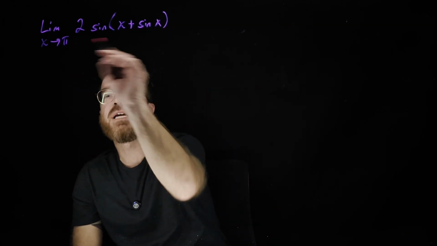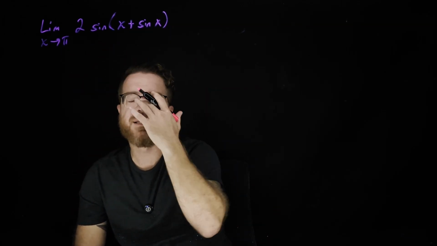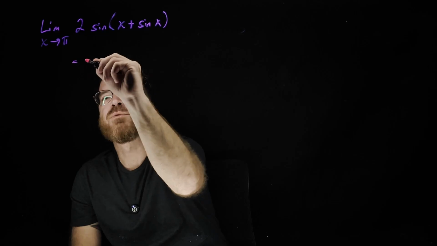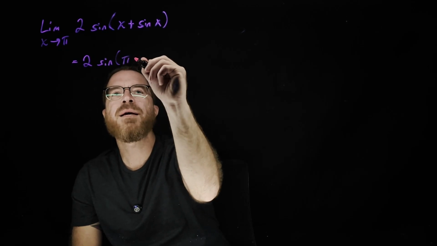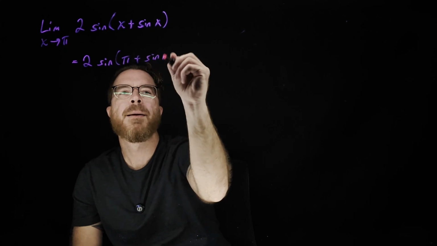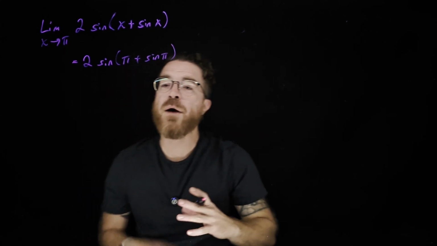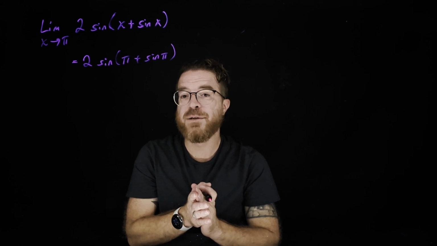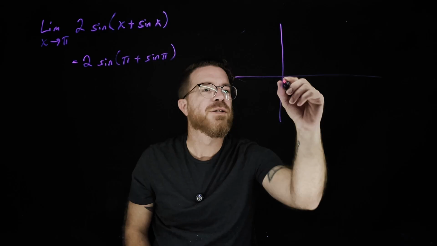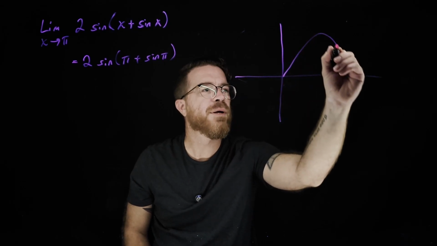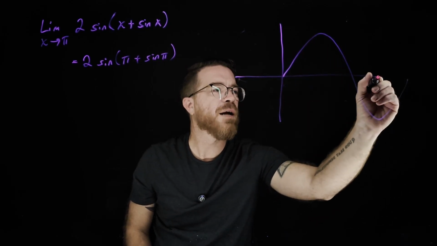So if I plug this in, which means I'm going to evaluate this limit, I'm going to have that this is equal to 2 sine of pi plus sine pi. Now, what is the answer of sine of pi? Well, let's look at what a sine wave does. So a sine wave starts at 0, goes up, goes down, comes back up.